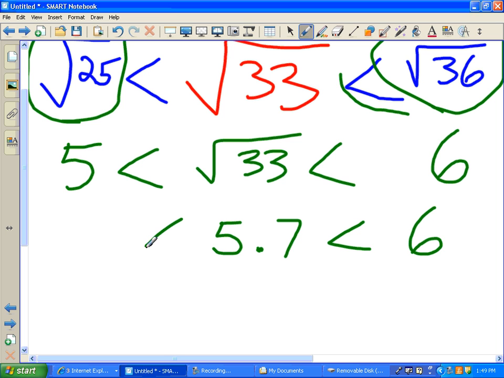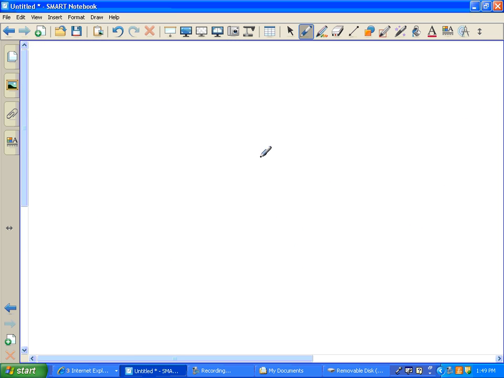Now we know it didn't work out perfectly because there was a whole lot of places after the decimal, but we just went to one place after the decimal. So it's going to be about 5.7. If I were to do another one, let's say I wanted to take the root of 55.